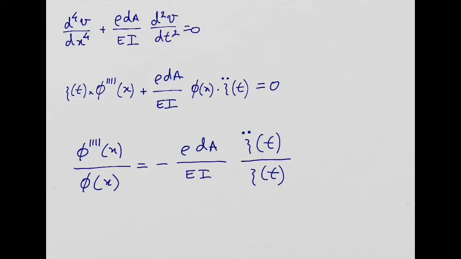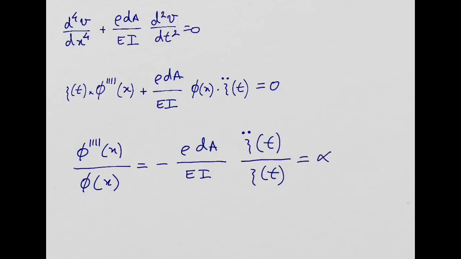So they depend on different variables. One is x, the other is the time. So how can they be equal? The only way they can be equal, don't forget you have an equality here, right? The only way this can be equal is if they are equal to a constant.